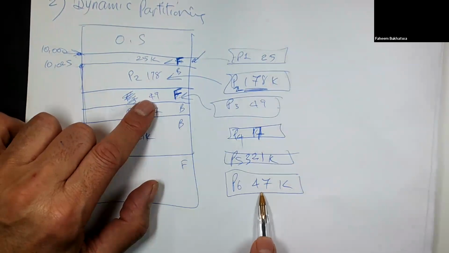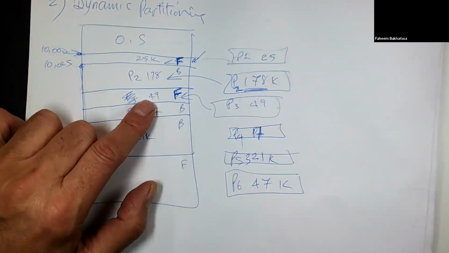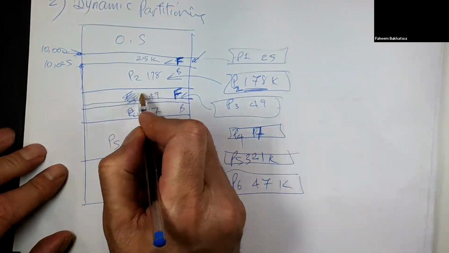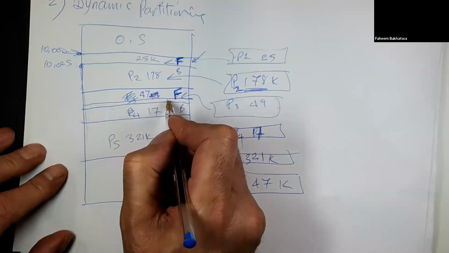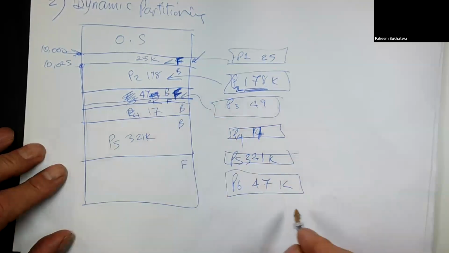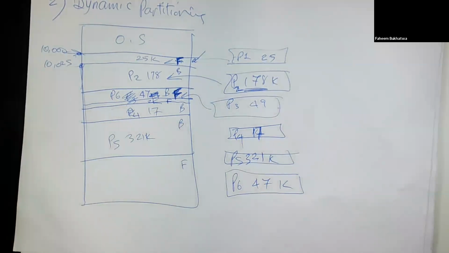Will it accommodate it? Yeah, but remember, we don't give any more than it needs. So we cut exactly 47 here, which breaks this block into a free block of 2K, and now program number 6 is sitting here. So program number 6 gets exactly 47K, but we're left with 2K.